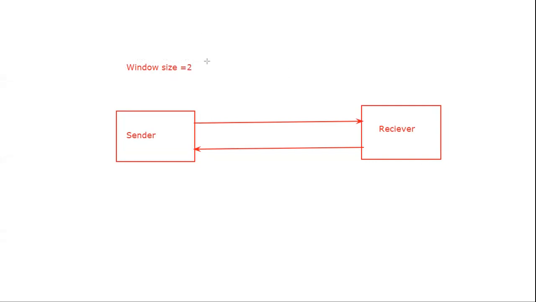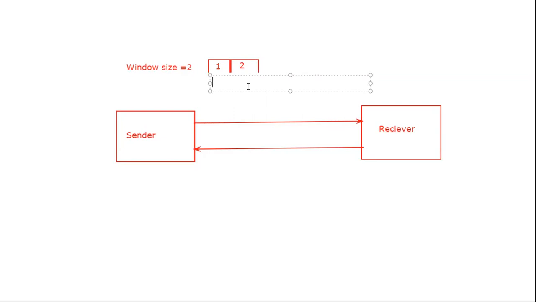How will a window size of 2 look? This one and this one. You can just type here 1 and there 2. So totally 2 frames. So this is the window size.